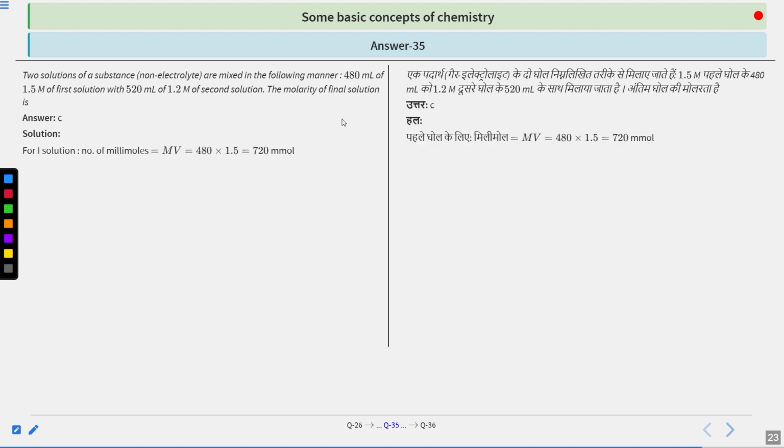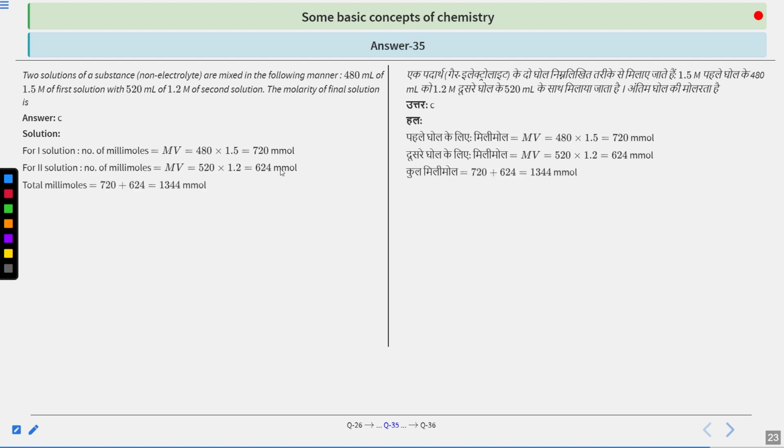For the first solution, we will find the number of millimoles, which is 480 into 1.5, that is 720 millimole. What is the number of millimoles of the second? That is 520 into 1.2, that is 624 millimole. Total millimole is 720 plus 624, that is 1344. And what is the molarity? That is number of moles of solute divided by total volume of solution in liters.